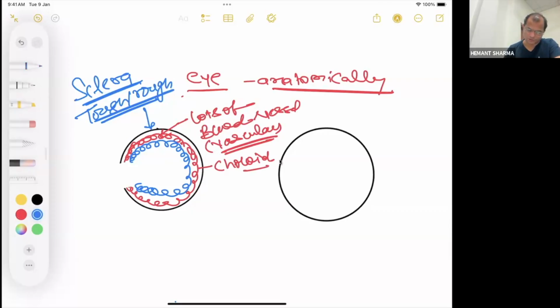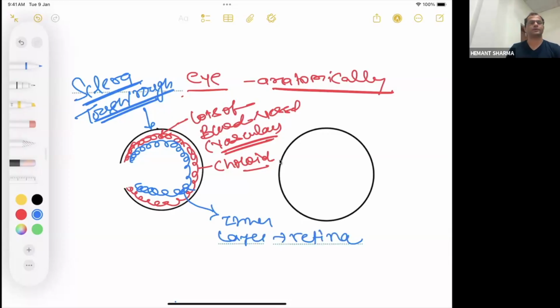And the innermost layer, that is a very important layer, and that is called retina. जो सबसे अंदर की लेयर होती है, इनर लेयर, that is called retina.